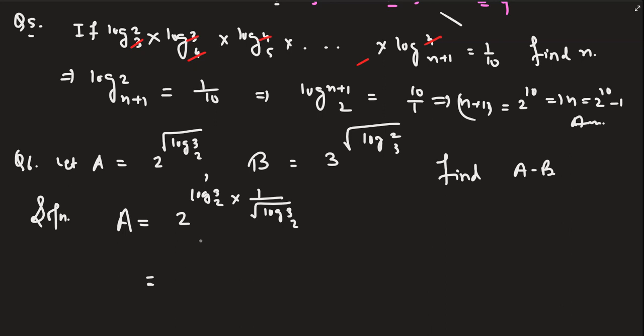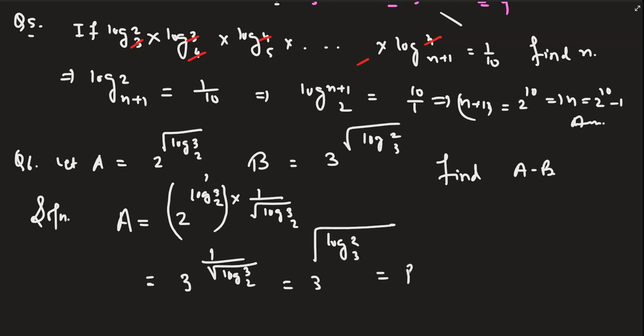So according to the property, we can write 3 and its power is 1 by root over log 3 base 2. So this will be 3 to the power log 2 base 3 whole root, which is nothing but b. So a and b are the same, so a minus b will be 0. This will be the answer.